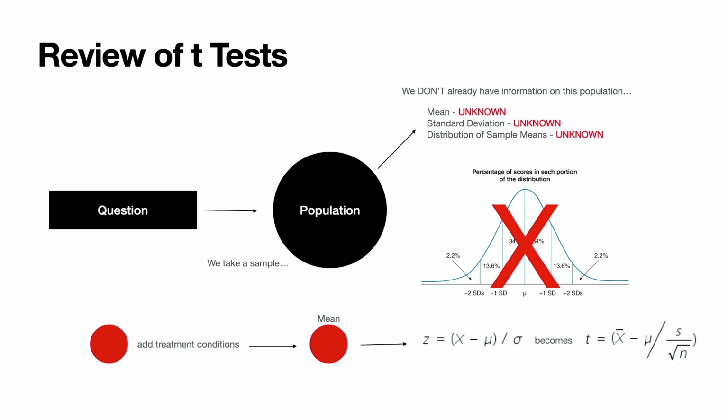Now we have to modify that a little bit when we're looking at t-tests. What we're looking at is the x with the line over it, which is the average value, your sample mean, minus the same mean for the population. I'm going to tell you how we come to that.